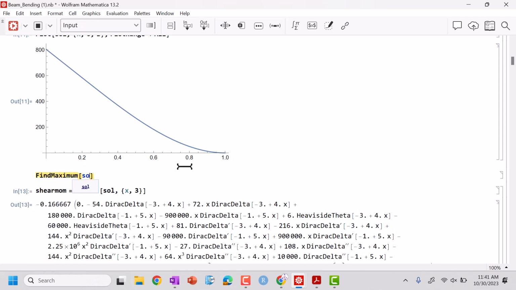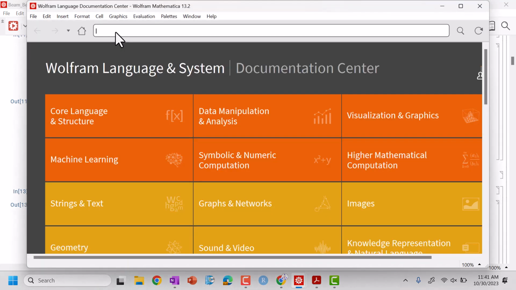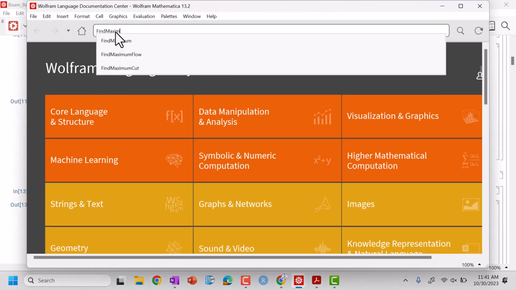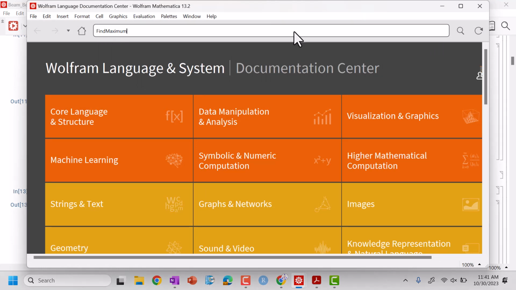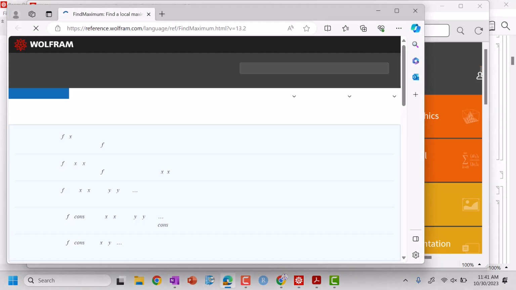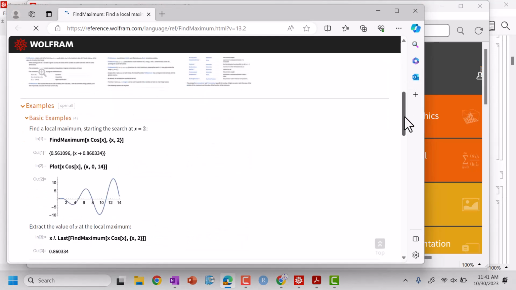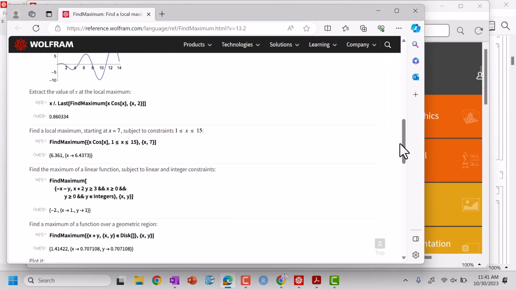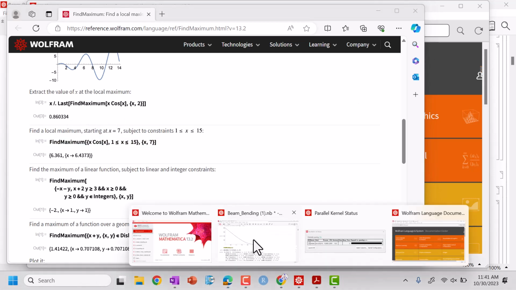Let's look up FindMaximum. For some reason, it keeps trying to take me to the internet, which I don't like. I want my good old internal documentation. I'm going to copy this and paste it into my notebook.